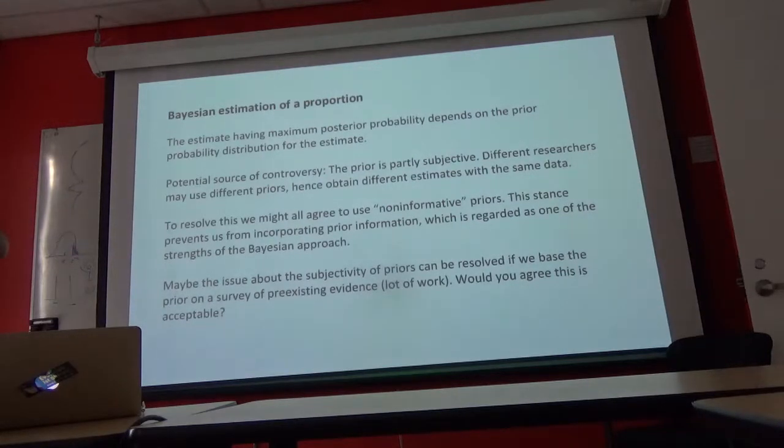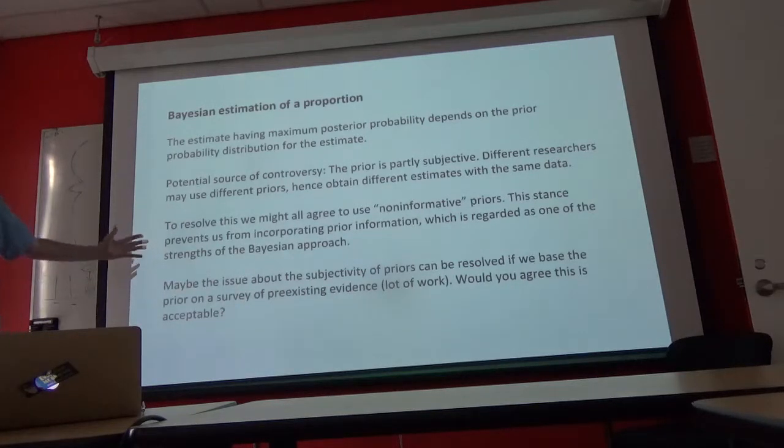Okay, so just to sum up, the estimate having maximum posterior probability, so rather than the maximum likelihood estimate, now we're getting the maximum probability estimate. And that depends on the prior. And that's, again, long been a source of controversy in the literature. What prior should we use?